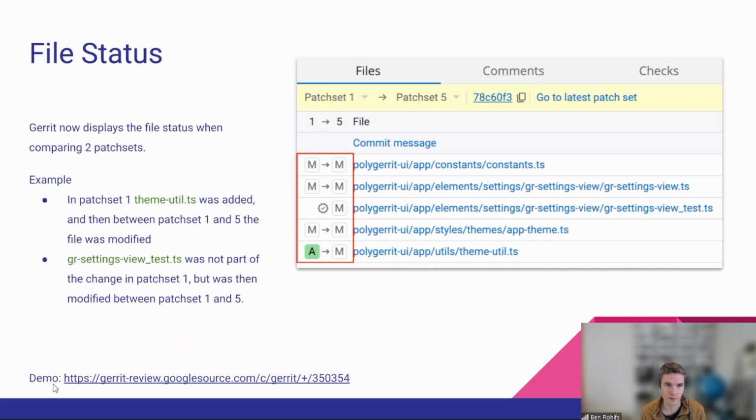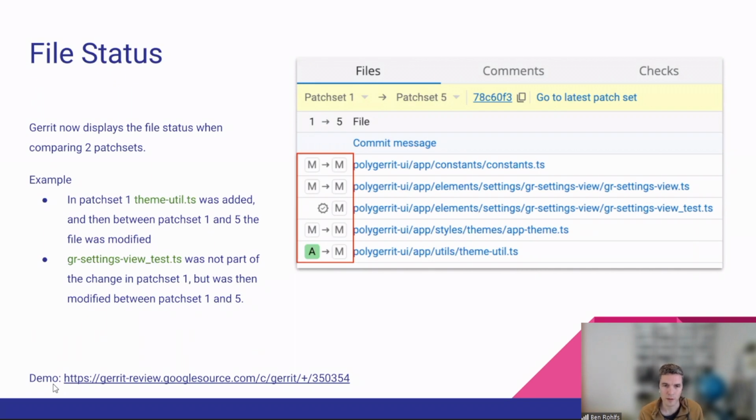So for example, in the image that you see, the 5th file, theme util, was added already in patch set 1. So it's a new file in terms of the entire change. But in patch set 1 is what was already added, and then between patch set 1 and 5 it was modified. Whereas the 3rd file, the test file, was only added after patch set 1.